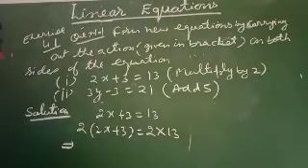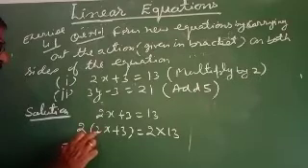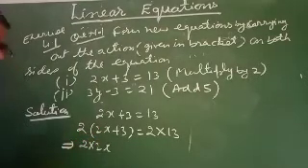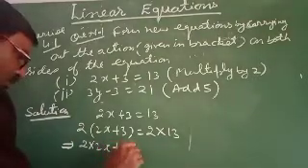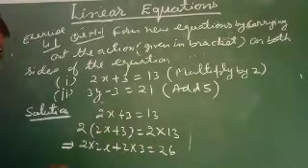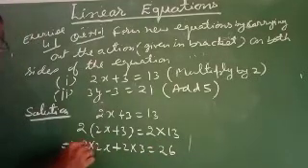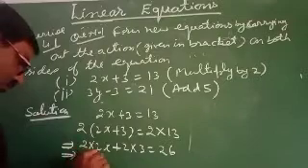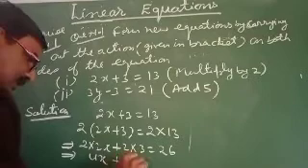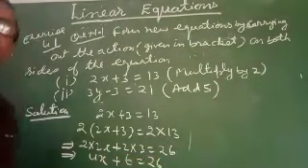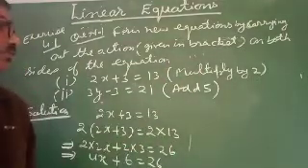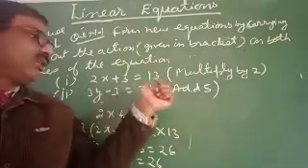First of all, I will multiply 2 by 2x, which is 4x, plus 2 into 3 equals 26. Then it will be 4x plus 6 equals 26. This is the new equation when we multiply by 2 on both sides of this equation.